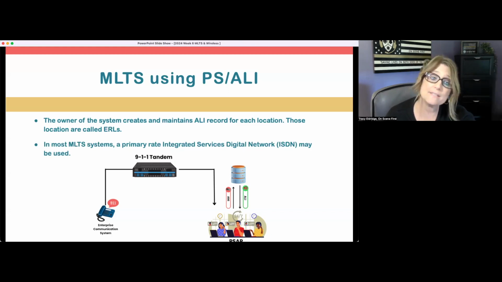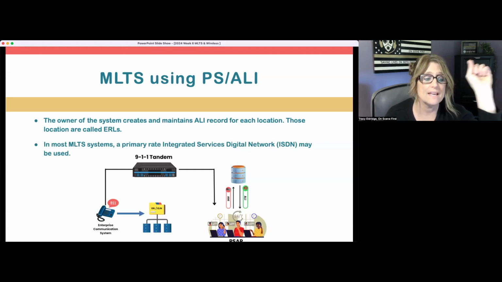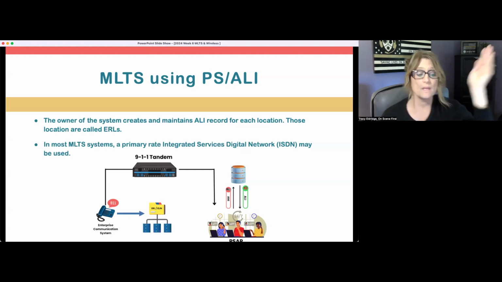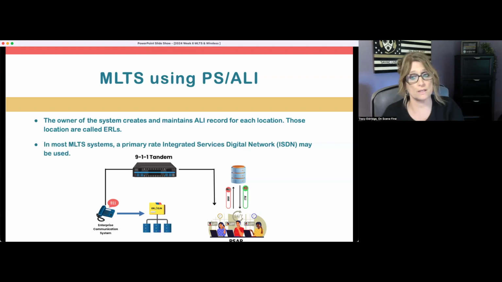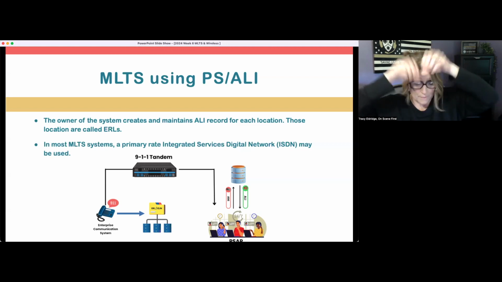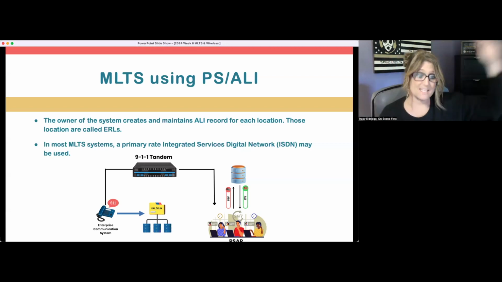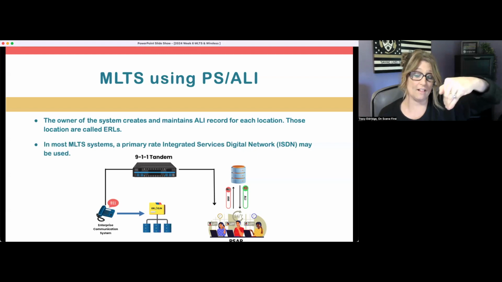But what happens simultaneously when we're using the PS-ALI is that, at the same time, the ERL, the emergency response location, is being identified with an ELIN, and it's coming out of the files, and they're saying this ERL.